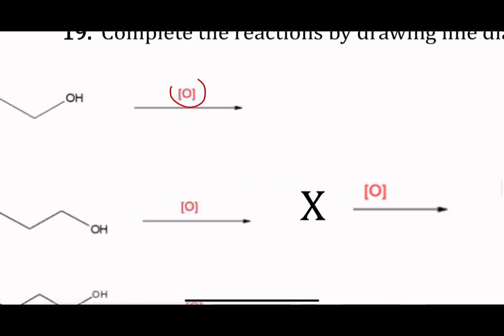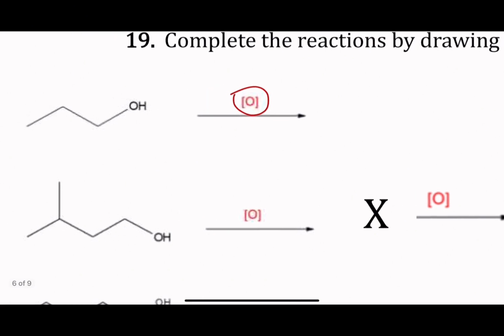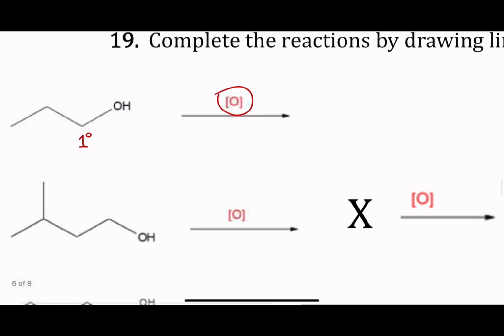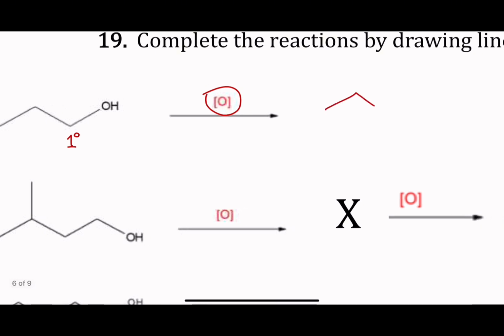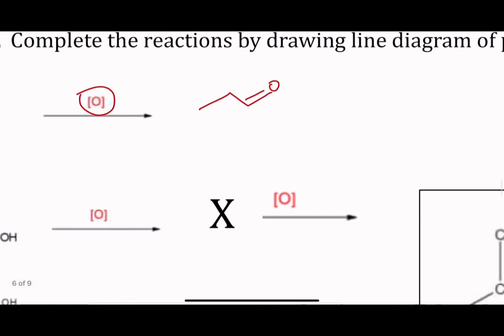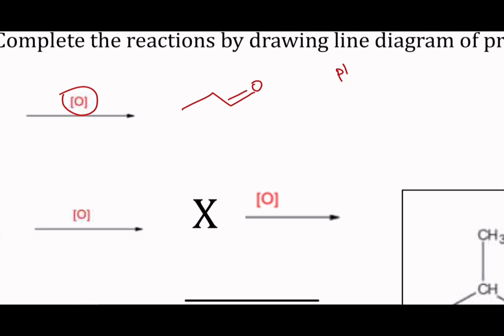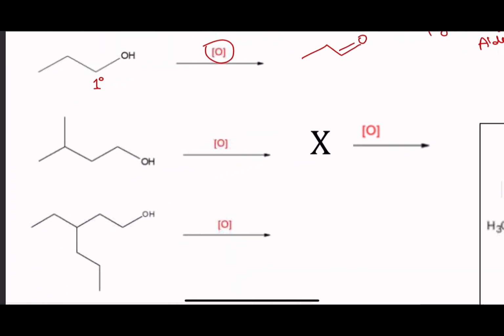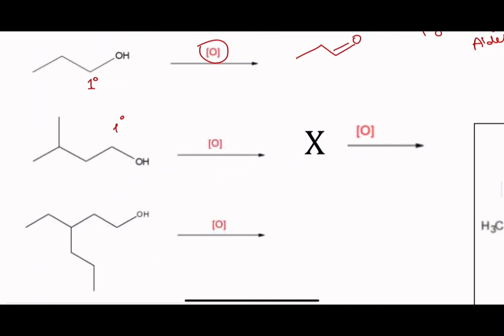Now, this is just the first oxidation, right? I know that it's a primary alcohol. So in here, I need to just make aldehyde. Also, don't forget about the physical properties of aldehydes, guys. This is important. Not just alcohols, also aldehydes. Review that. And then in here, I got again a primary alcohol.